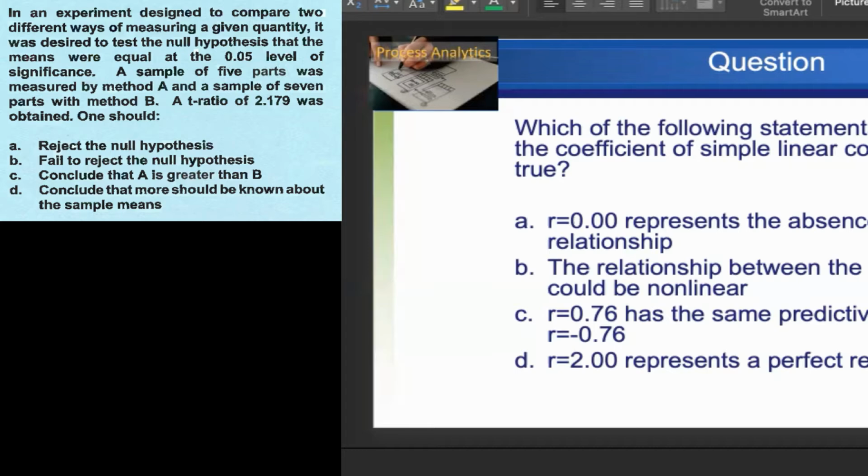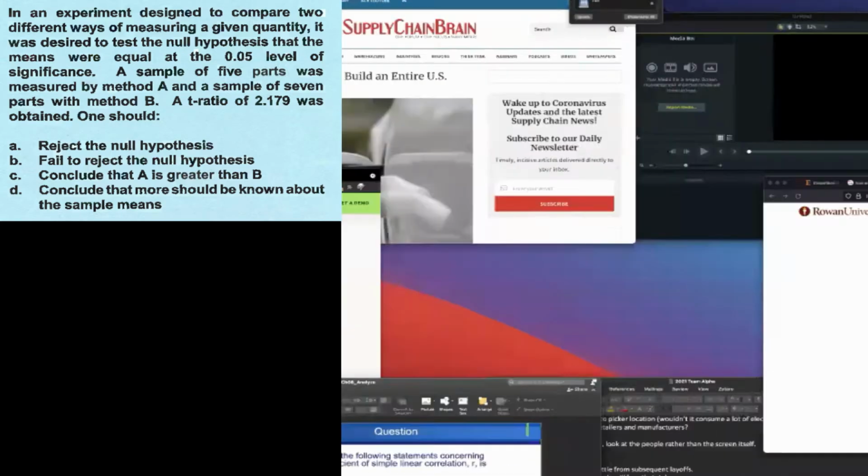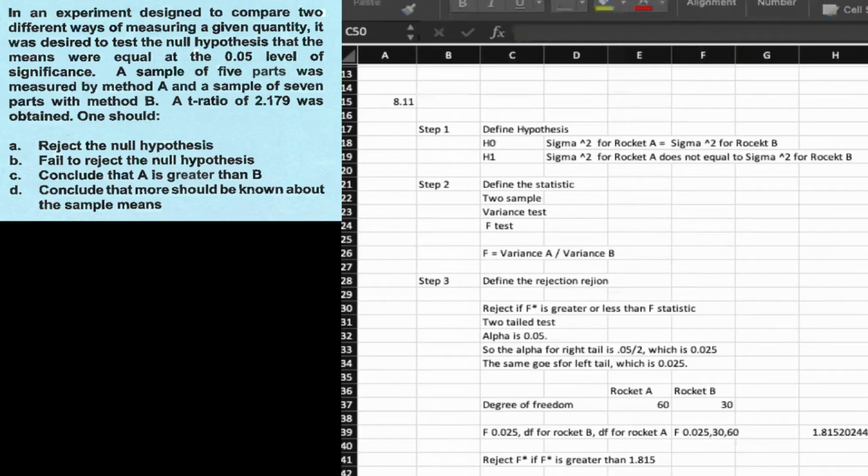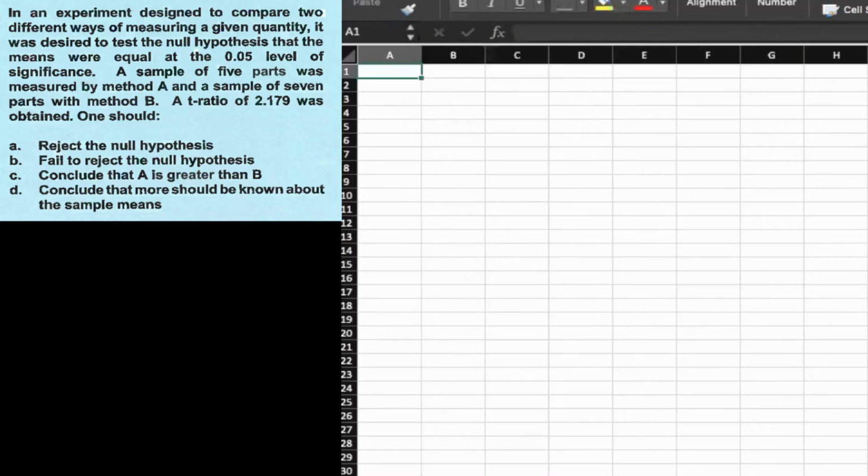So in this case, question 8.19. We see that alpha is 0.05.